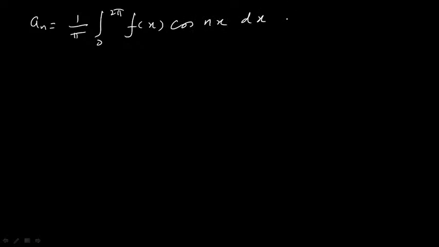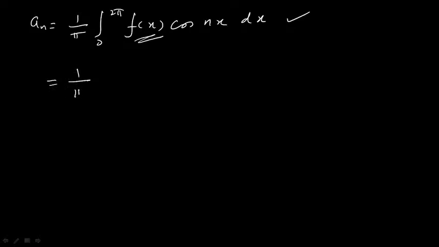Next we calculate the value of an. For that we make use of the formula: an is equal to 1 divided by pi integral 0 to 2 pi f of x cos nx dx. This is the formula we have to use for calculating the value of an. First let me replace the function value f of x.